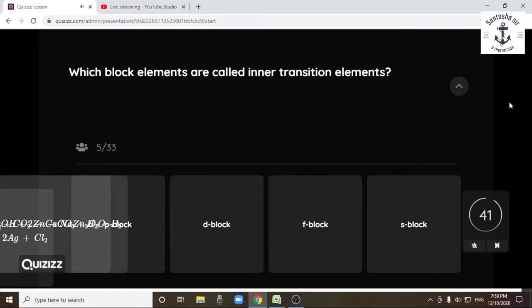Which block elements are called inner transition elements? 25 seconds more.